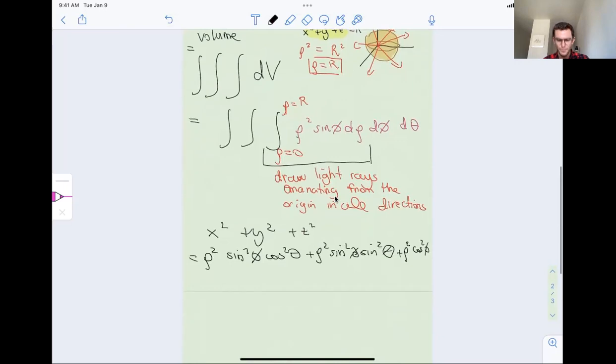You factorize the rho squared, because there's a rho squared everywhere. And then what else can you factorize? You can factorize sine squared of phi in the first two. So you put sine squared of phi in the first two, and then you get cosine squared of theta plus sine squared of theta.